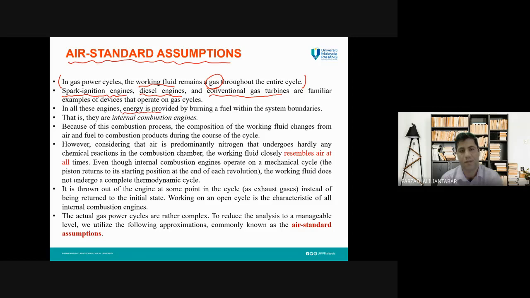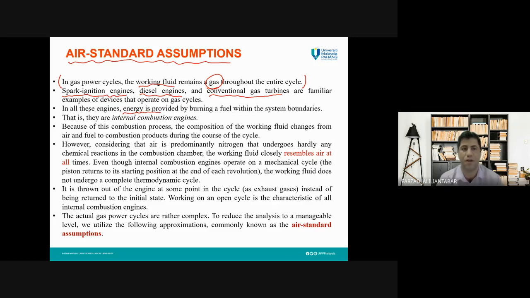In all these types of engines, I mean diesel engines, spark ignition engines, and turbines, we have a source of energy which comes from the burning of fuel. For example, for your car, you need to pour fuel in your car to produce energy.